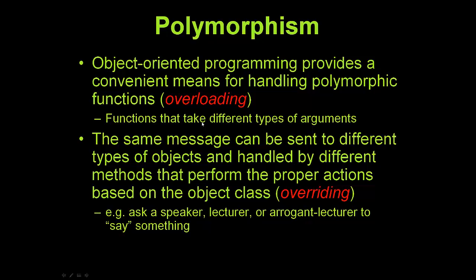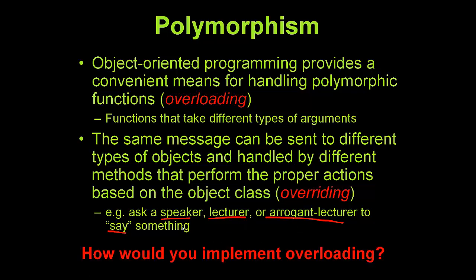And depending on the object, you will call a different method. So for example, if you use say for a speaker, a lecturer, and an arrogant lecturer, they will be accessing different methods. The speaker will access its own say method, the lecturer will access the speaker say method, and the arrogant lecturer will access its own say method, which then calls the speaker say method.